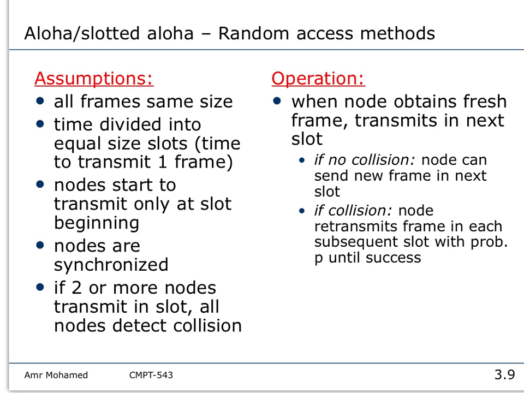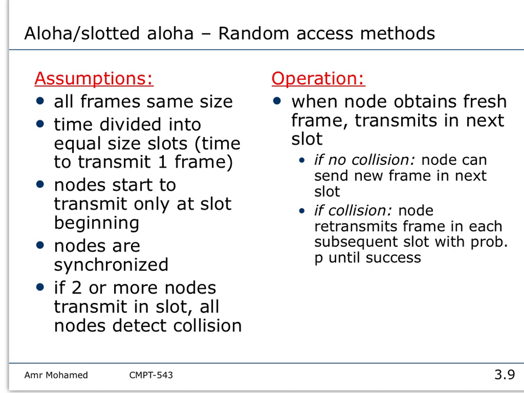Right away. If no collision, then the node can send a new frame in the next slot, and so on. If collision happens, again, detection is not explicit here; it's implicit. Then the node retransmits. Retransmission here depends on the protocol you are using for error recovery.